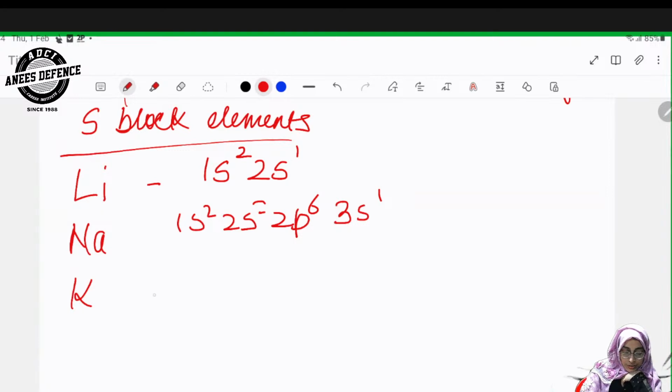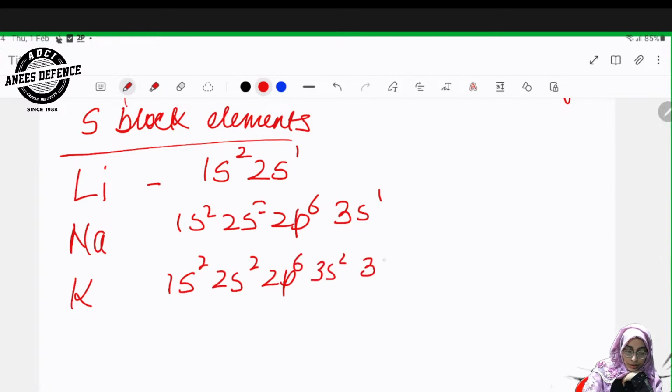In the same way, 1s2 2s2 2p6 3s2 3p6. Potassium is 19. 1s2 2s2 2p6 3s2 3p6.